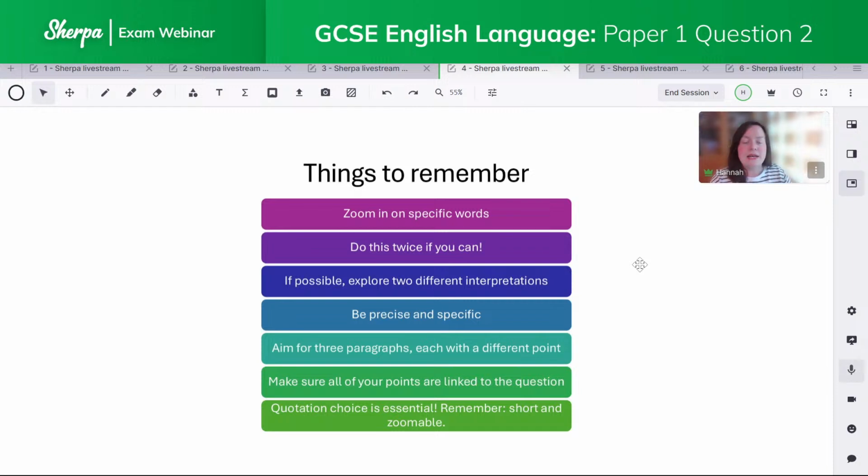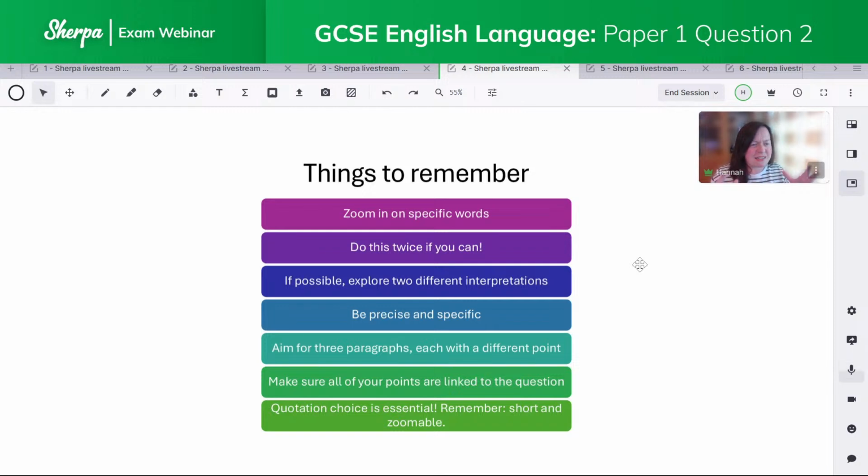So as it says here, we need to be zooming in on specific words. So that means when you've chosen your quotation that you're going to be using as your evidence for a particular paragraph, identify the one, maybe the two words that most powerfully or convincingly create the effect that you're talking about.